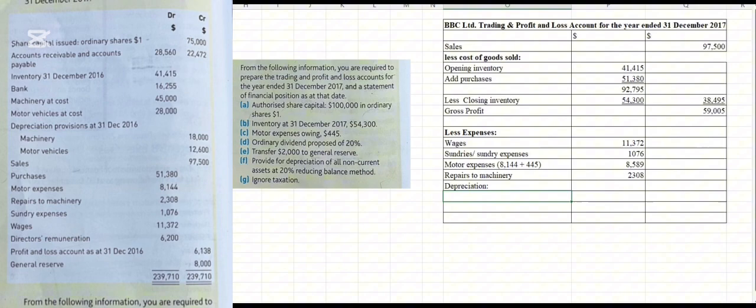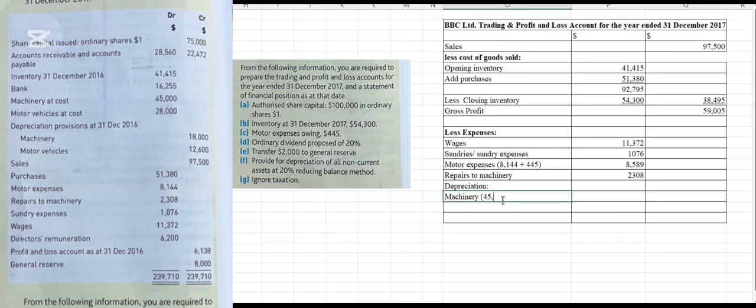So we know that we have two sets of depreciation to do based on the information that would have been provided: machinery and motor vehicle. We're going to begin with the machinery. Now, we already know that the cost of machinery is $45,000.